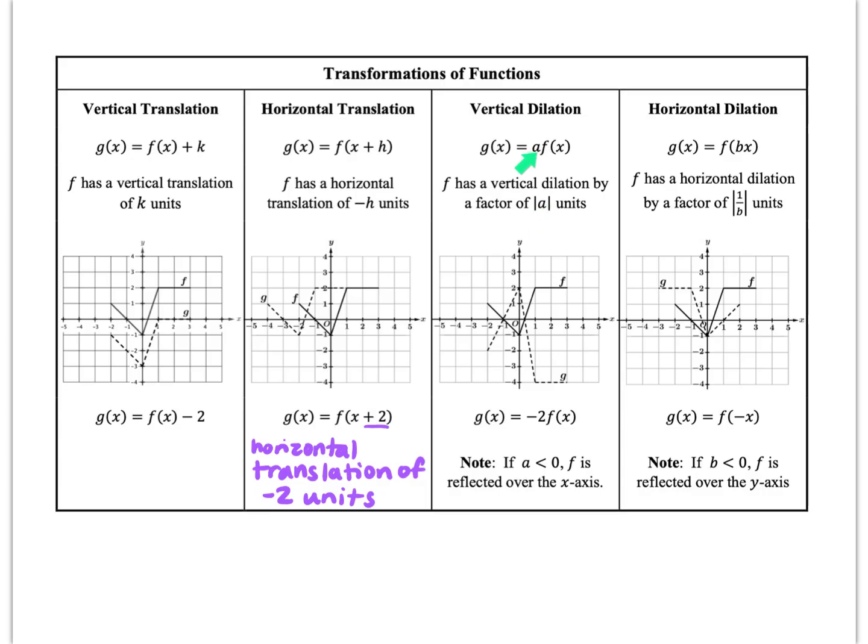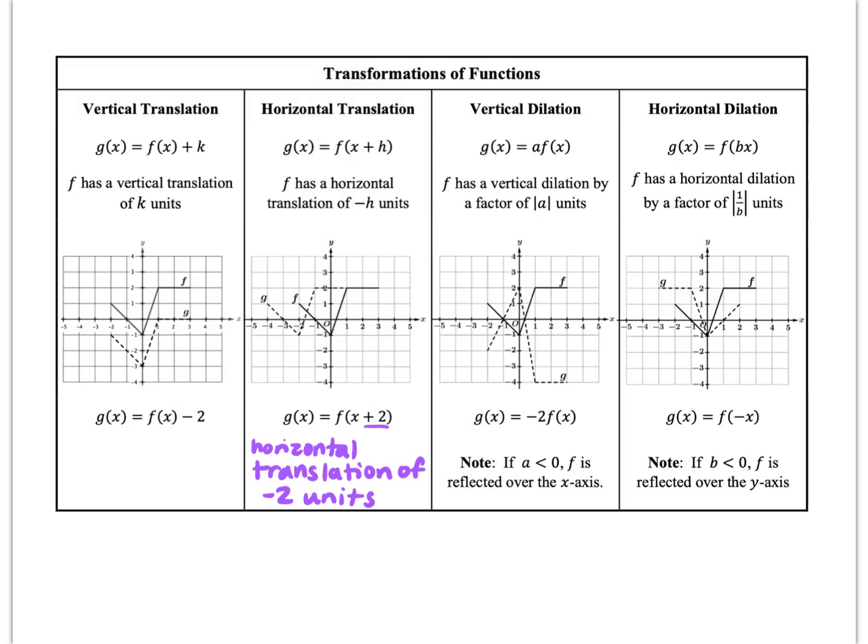That just means if this were like a -2, we would say that f has a vertical dilation by a factor of 2, and then the negative ends up being a reflection over the x-axis. So in our example here, g of x equals -2 f of x, we would say that f of x has a vertical dilation of 2 units and is reflected over the x-axis.